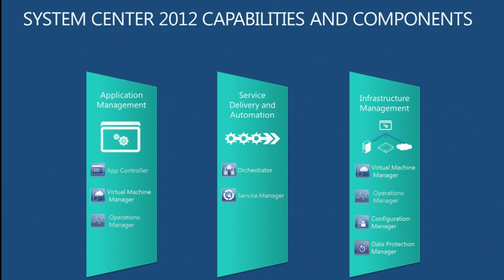And then we have Infrastructure Management, typically what has been our bread and butter investments, Virtual Machine Manager, Operations Manager, providing monitoring of your servers and infrastructure, Configuration Manager, and then lastly DPM for providing backup and site recovery services. So what we're focusing on today are the two components, the one component, Operations Manager, that fits across these two places, application management and infrastructure management.